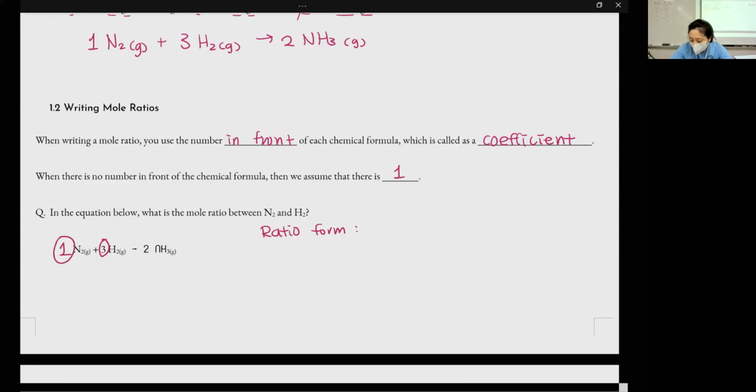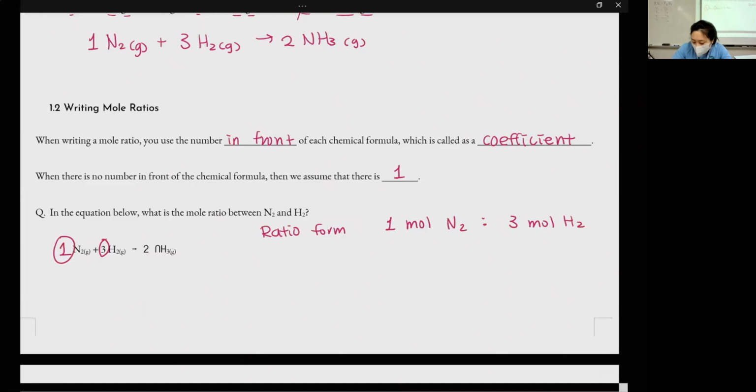So it will be 1 mole of N2 to 3 moles of H2.